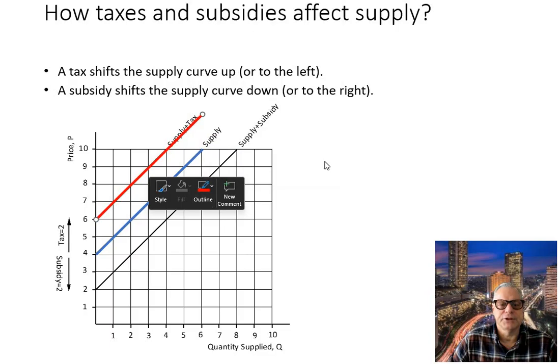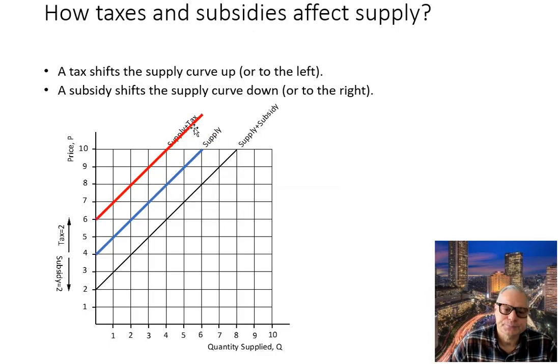And now let's make that a different color. So that would be the supply with a tax. So the producers, the suppliers, they try to roll over the higher tax. So let's say if the tax is 2, then mathematically the supply curve shifts up by 2, or it shifts down.